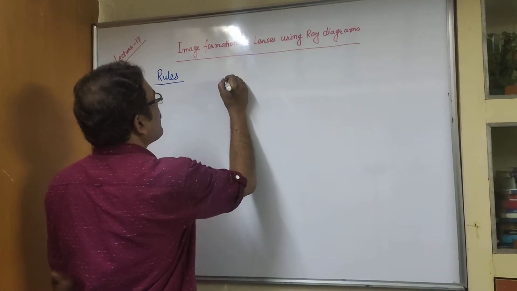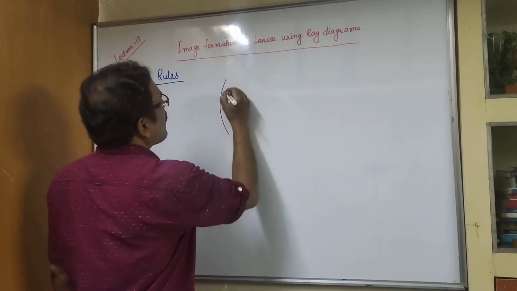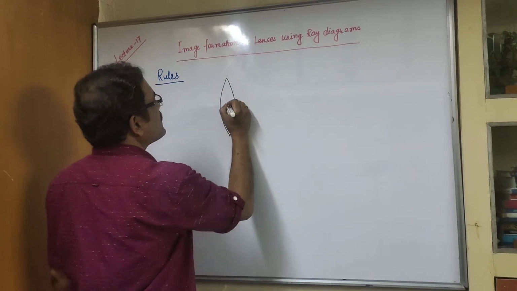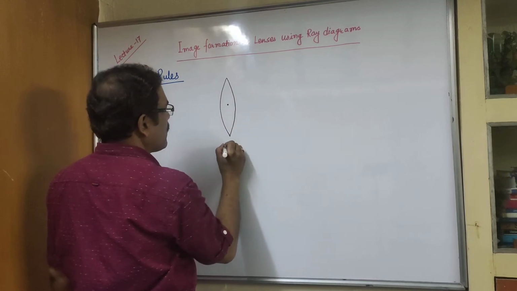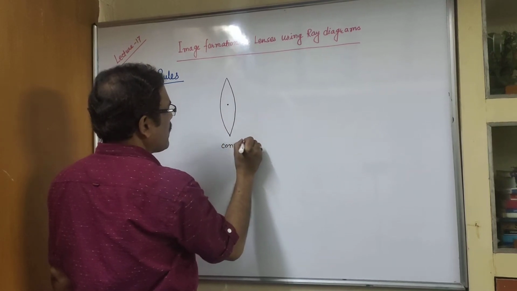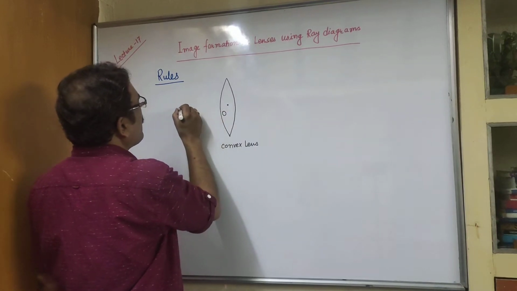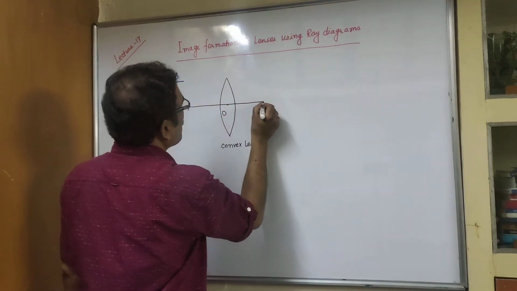So suppose there is a convex lens. Mark the point O at the center of the lens.